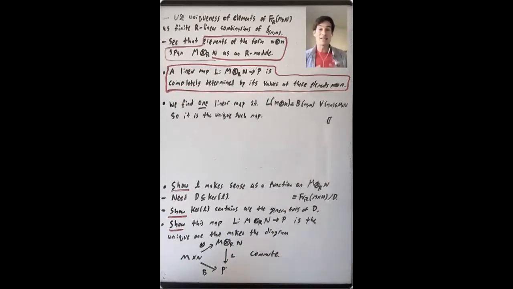And because tensor products satisfy this very strong kind of uniqueness that we talked about earlier, we can just say that this is the tensor product of M and n rather than a tensor product of M and n.